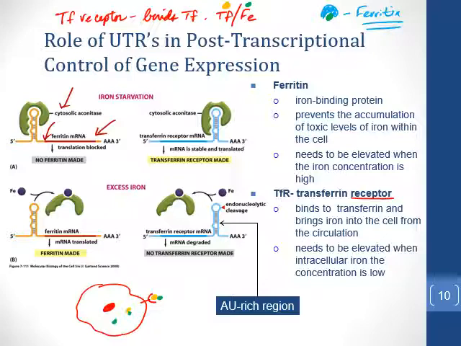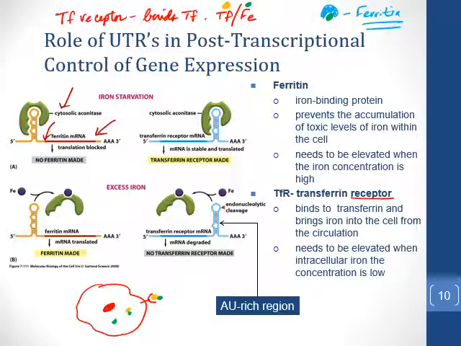Now, the transferrin receptor mRNA is one of those mRNAs where there's an AU-rich sequence in the 3' UTR. Now remember what that AU-rich sequence does. That AU-rich sequence in the 3' UTR serves as a binding site for deadenylating enzymes and binding of the exosome, which leads to degradation of the mRNA.